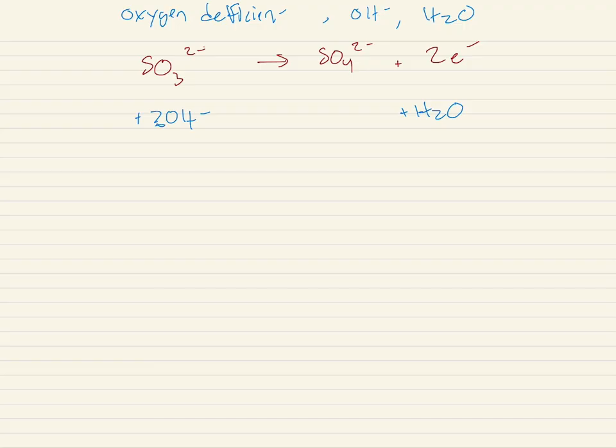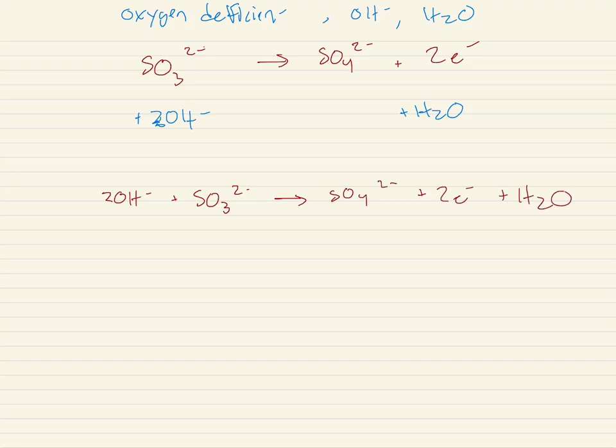Because now we've added 2 oxygens to this side and 1 oxygen to that side. That is a net addition of 1 oxygen on this side. So our new reaction becomes 2 OH minus plus SO3 2- goes to SO4 2- plus 2 electrons plus H2O.